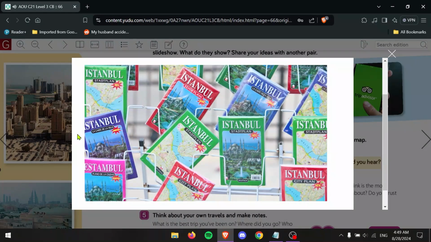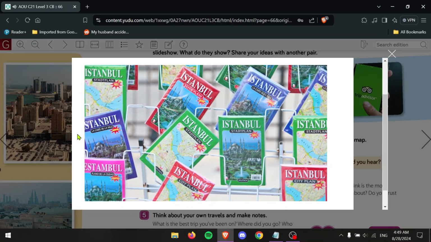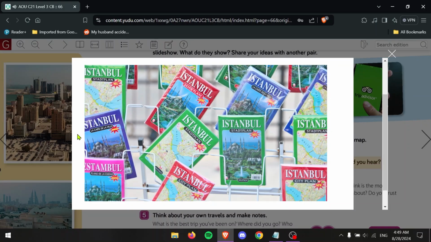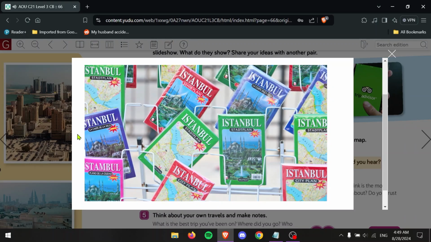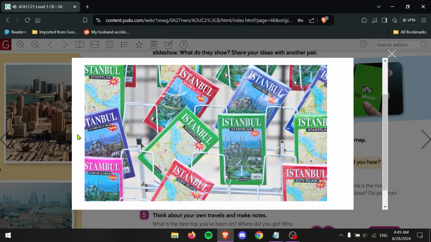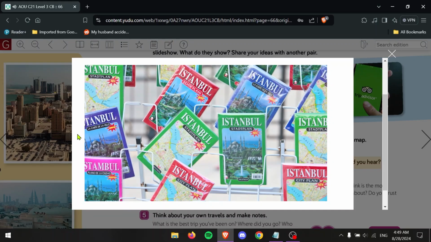Imagine you are planning a city break in Istanbul. Great choice. An amazing experience is waiting for you. So, you buy a guidebook and read all about the city. Naturally, you decide to visit all the must-see attractions.